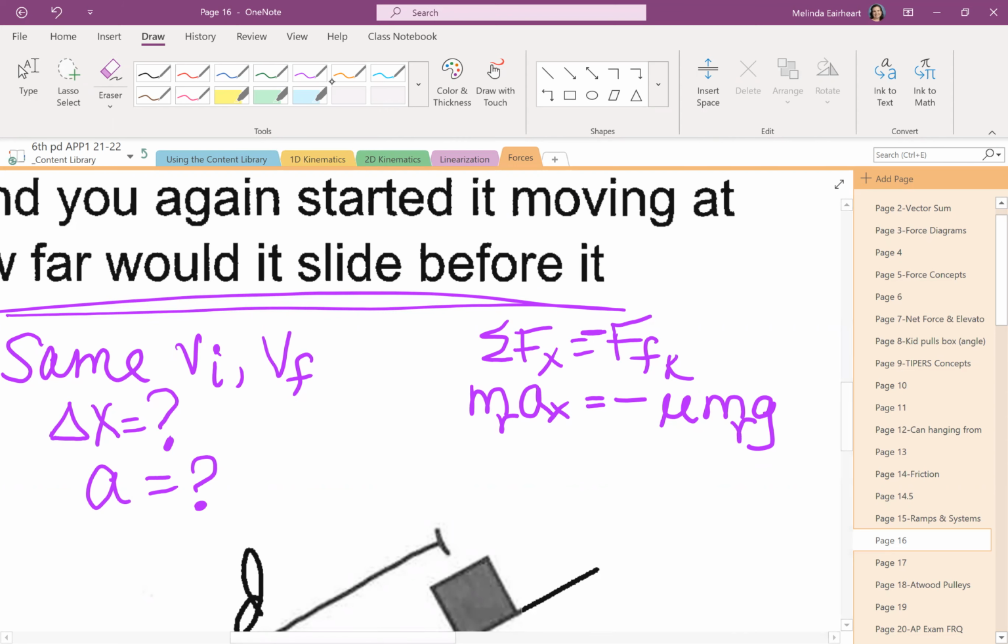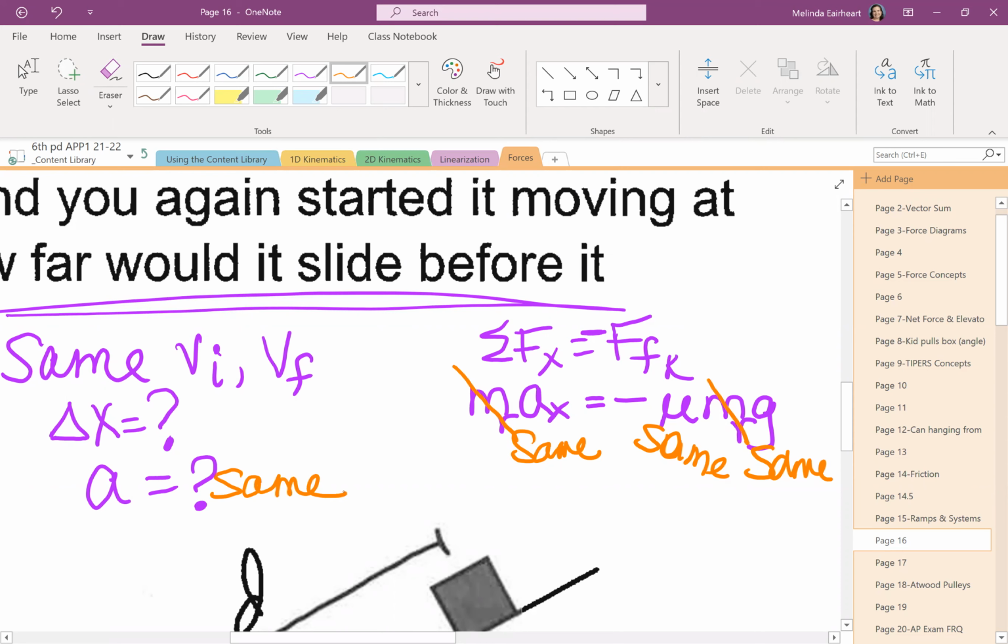Gravity's the same. Did they mention changing the surface? If you remember, we talked about the coefficient of friction being surface dependent. There was no mention of that. And so if the coefficient is the same and gravity is the same, acceleration's the same.